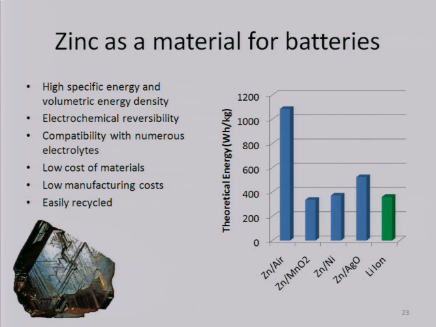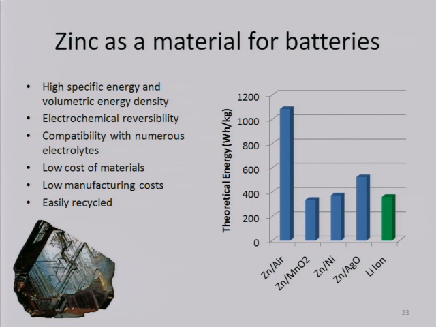Now, if we look at our particular battery, zinc manganese dioxide, you could see it's not quite as good on this theoretical energy scale as lithium-ion, but it's pretty close, close enough for us to consider this to be a practical couple to be using in a battery. It has the advantage of electrochemical reversibility, so we can reverse the reaction to store energy.